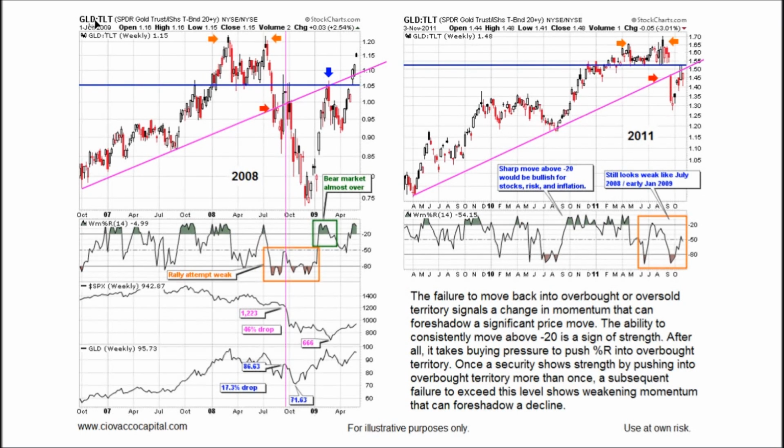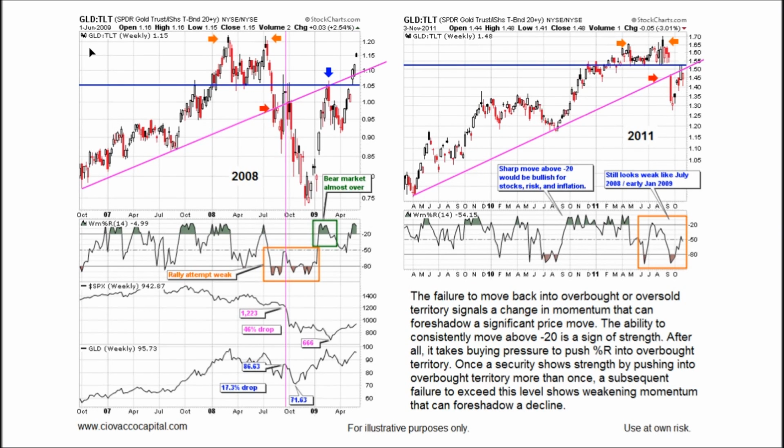So think of this as optimistic about the future and optimistic about inflation, and think of this as being pessimistic about the future, pessimistic about inflation, and potentially optimistic about deflation.